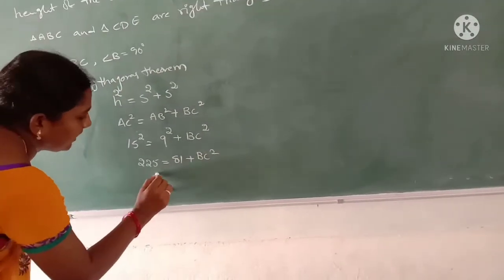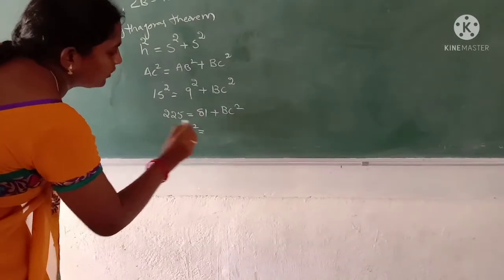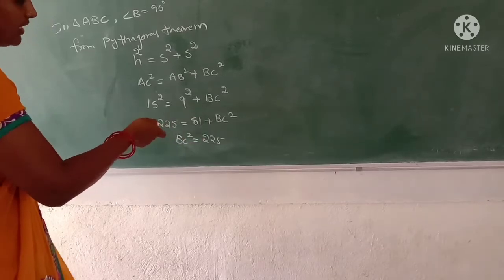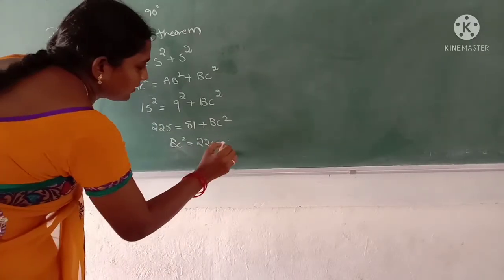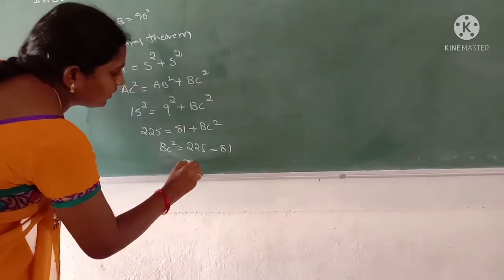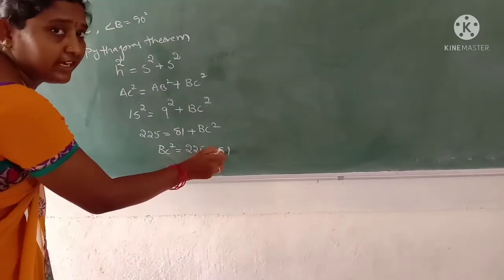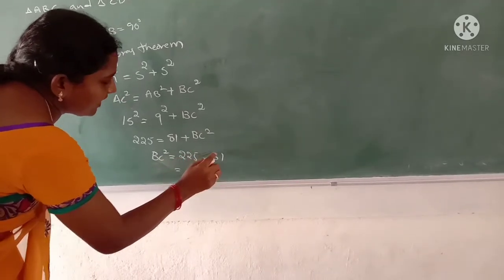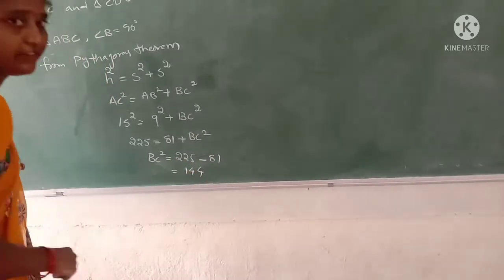So BC square equals 225 minus 81, moving 81 to the left side. So 225 minus 81: 5 minus 1, 4. 12 minus 8, 4. 144.